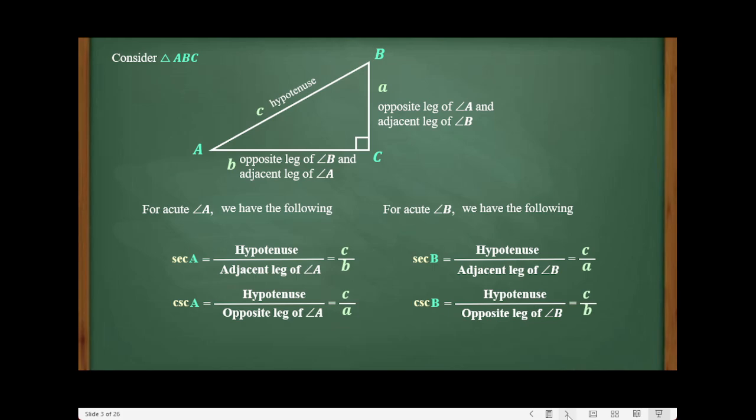And with that, let us now proceed to some illustrative examples using these definitions of secant and cosecant of both acute angles A and B.